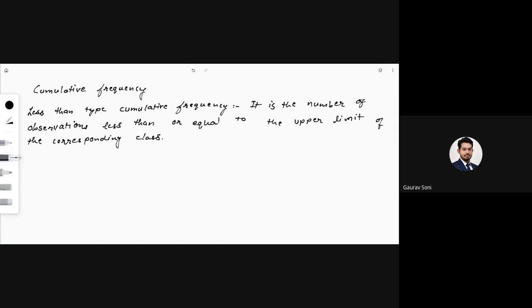This is the basic definition, which will be better understood when we go for an example.